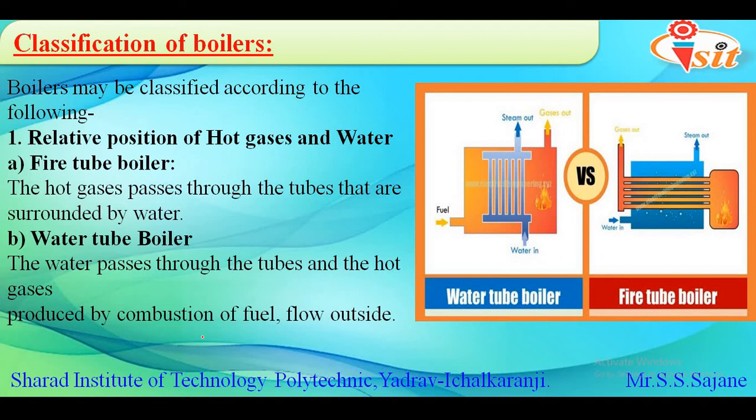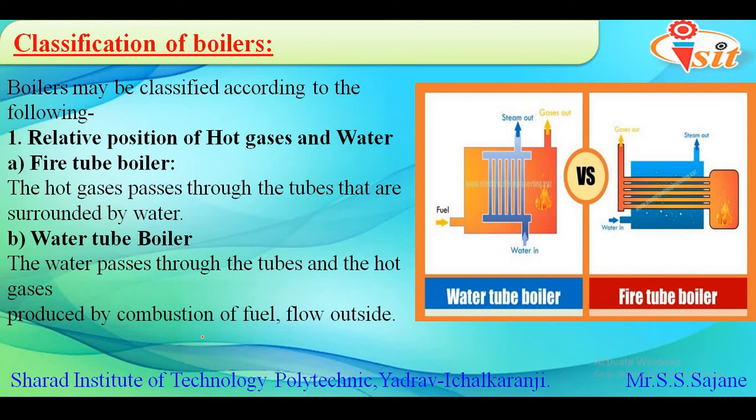You can remember this simply as follows: just see what is inside the tube. If we have water inside the tube, then it is a water tube boiler. On the other hand, if inside the tubes we have hot gases, then we usually call it a fire tube boiler.